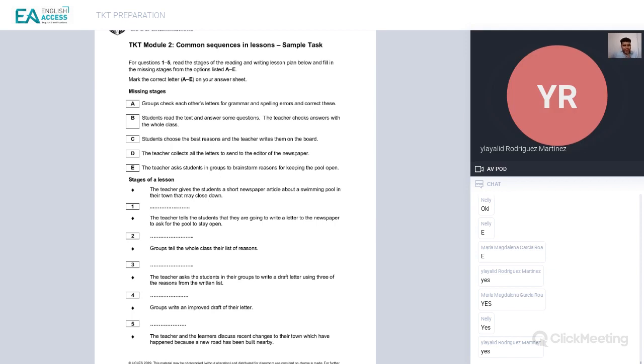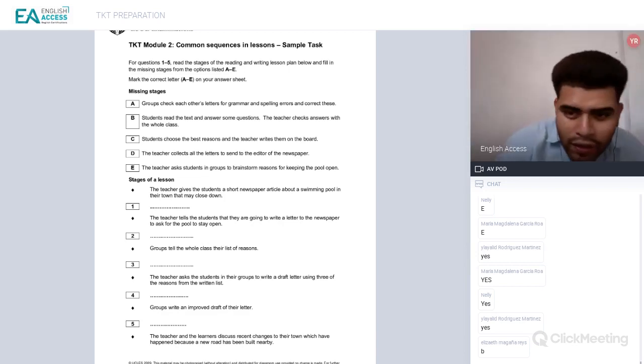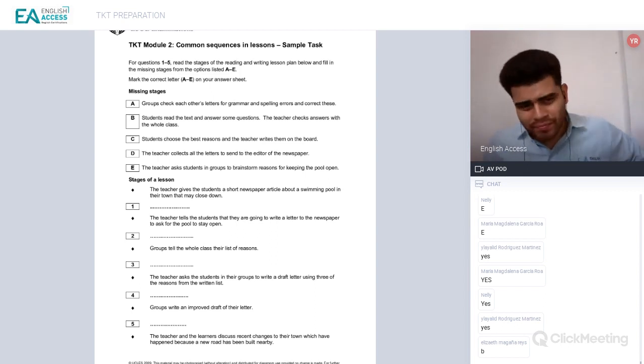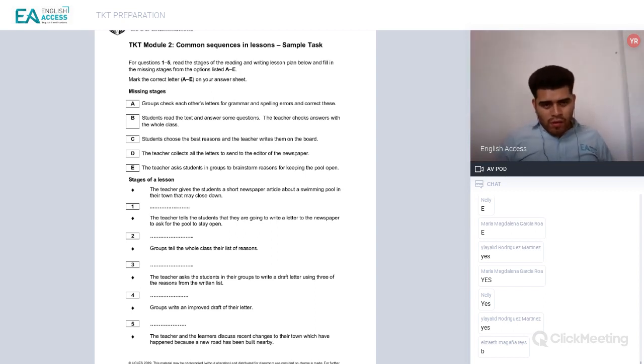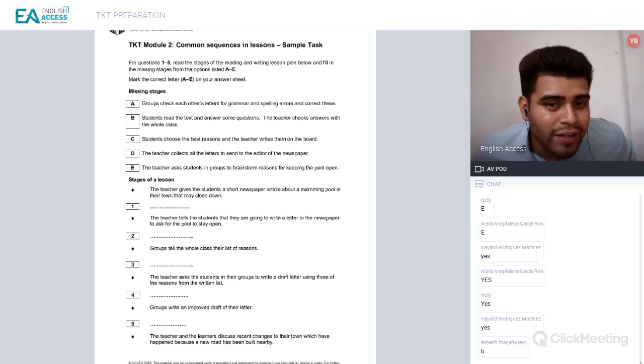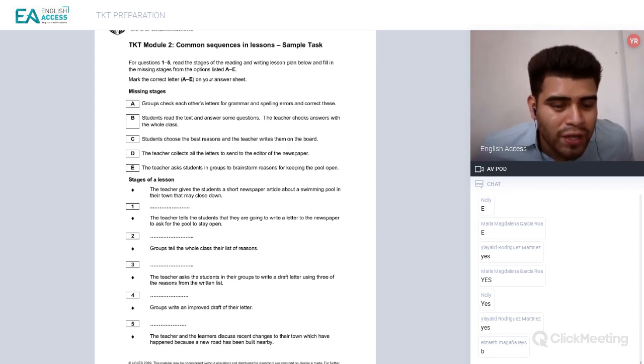All right. Now, I see why you might think that E is number one. But look at the next step. The teacher tells the students that they are going to write a letter to the newspaper to ask for the school to stay open.